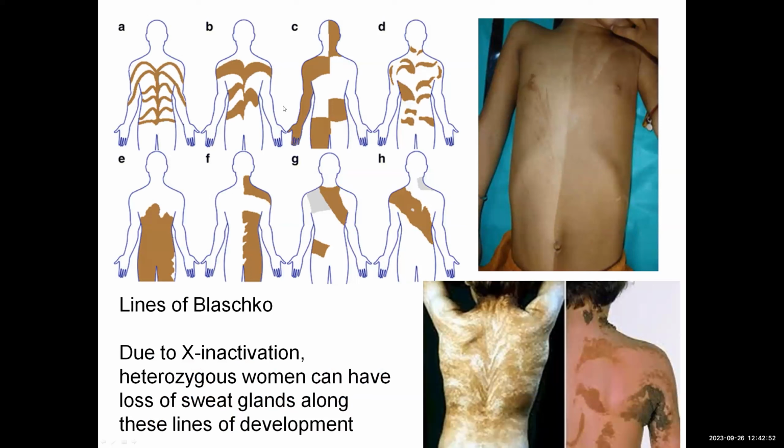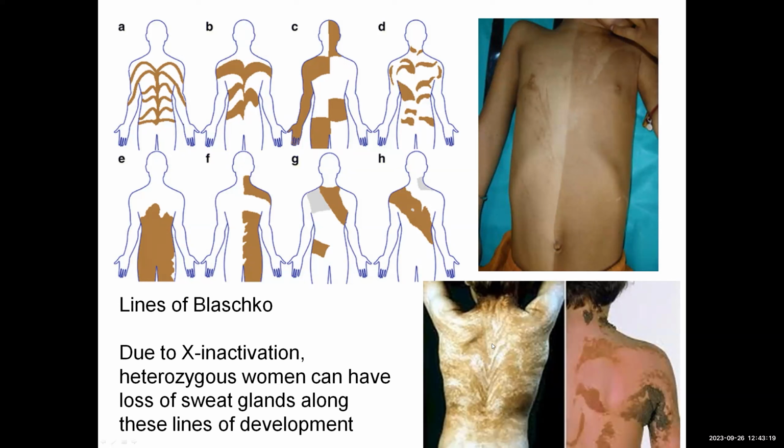Blaschko lines are specific areas where development happens and cells migrate during development. These areas are consistent and they follow very specific patterns, and every human being has them. But you can't see them most of the time because your skin is largely all the same color. However, small mutations in pigmentation in skin can sometimes show you where the lines are.